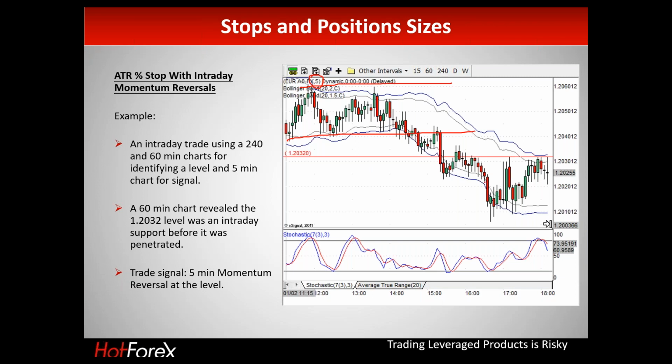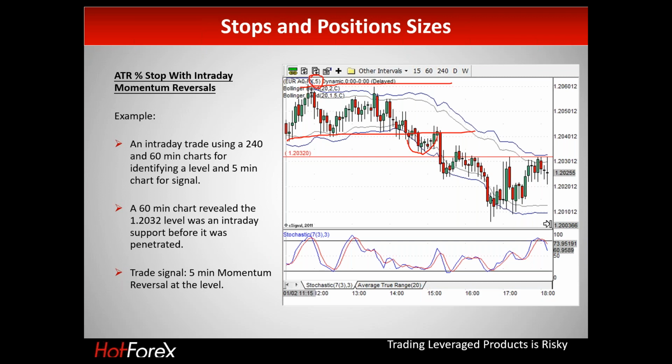However, before all this happened, you should be checking all the time scales. We noticed that in the 4-hour chart and the 1-hour chart, 120.32 was an immediate intraday support level that was retested, but then the asset rebounded away from it.